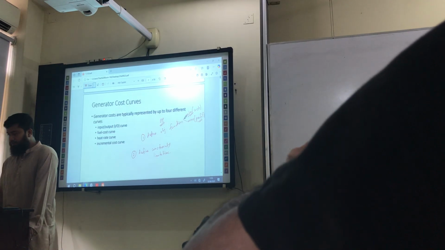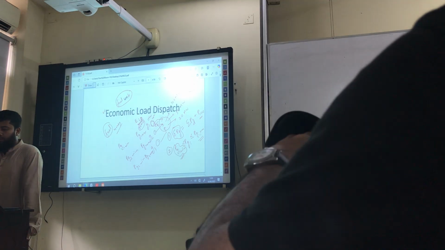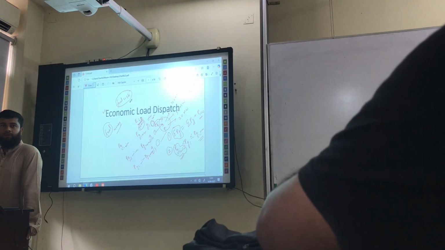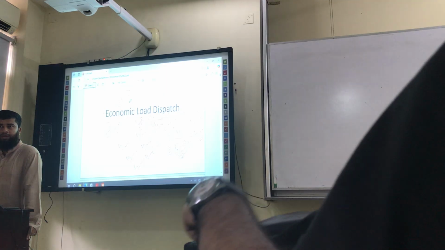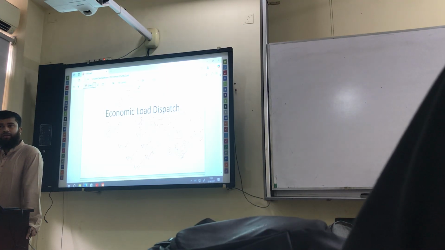How? Let's say your objective function is fuel cost, so it is a minimization type problem. What is the minimum value of fuel cost? It will be 0, right?